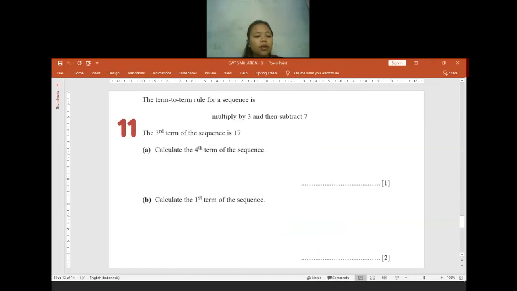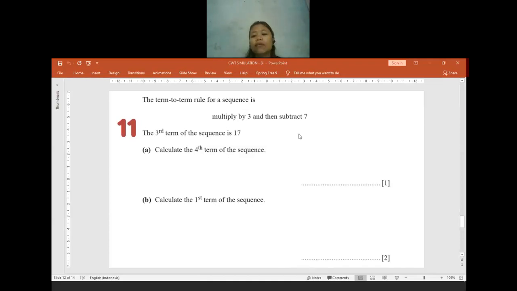Question 11. Now for question 11, the term to term rule of the sequence is multiplied by 3 then subtract 7. I already have the third term, so to get the fourth term, I just need to follow this term to term rule.